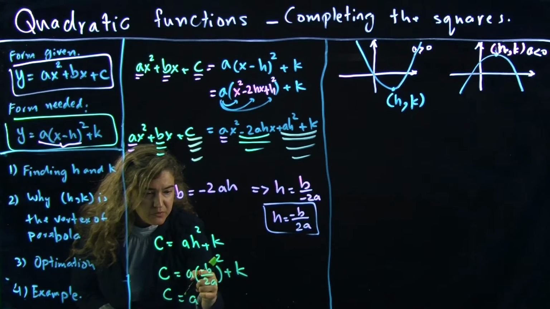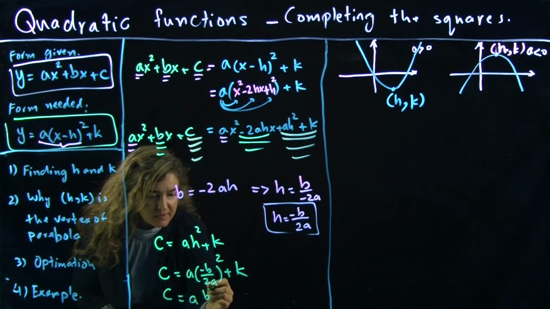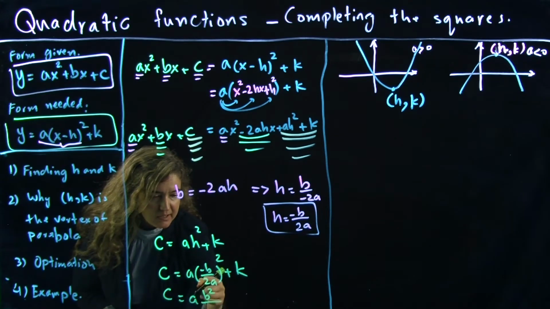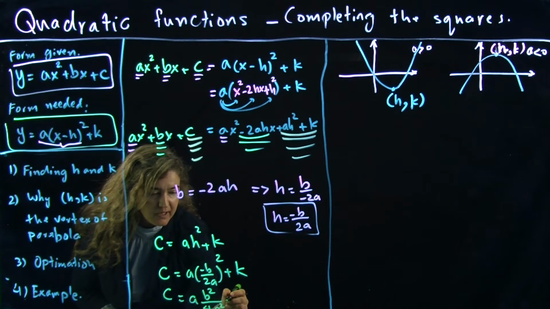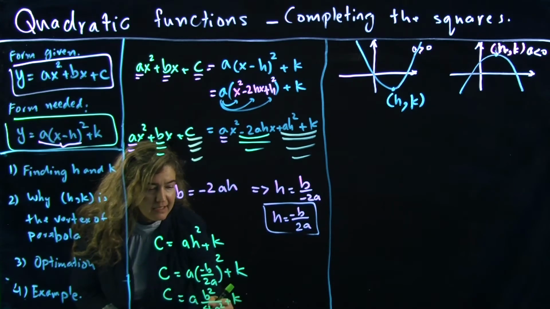First, to the power 2: negative b becomes b squared, and 2a to the power 2 is 4a squared, plus k.